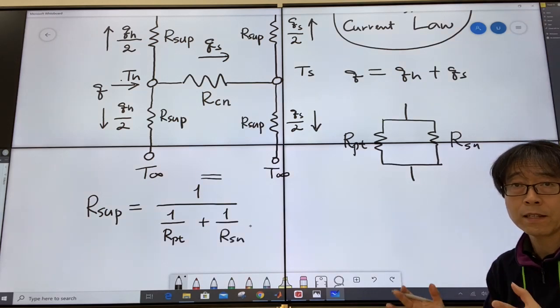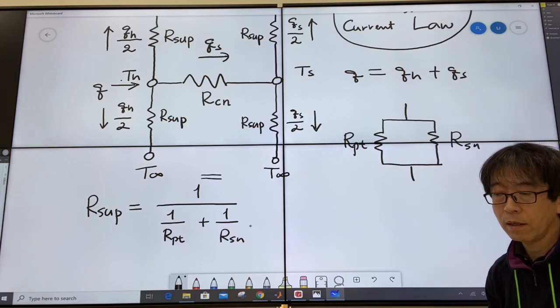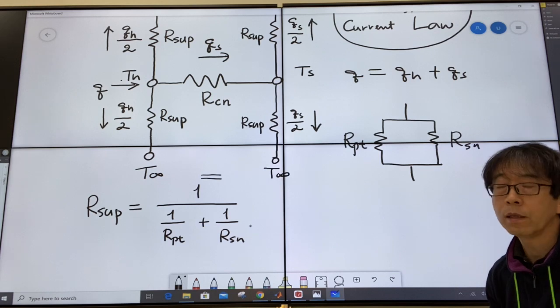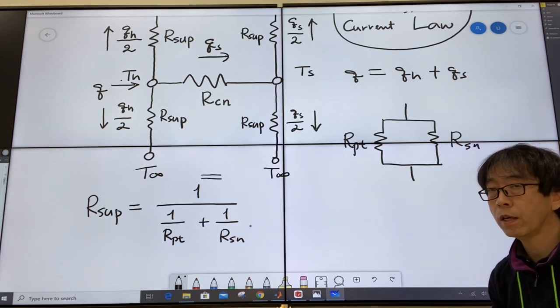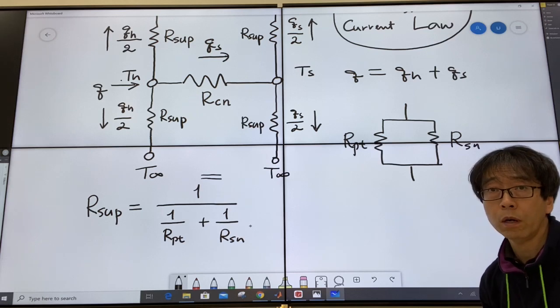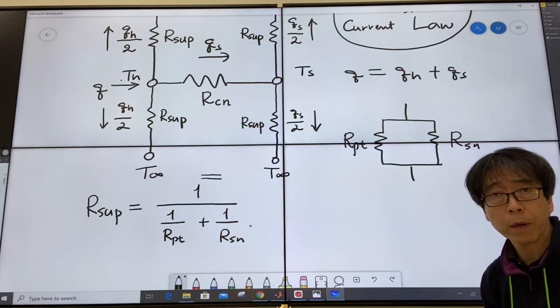It's exactly the same way that you use to analyze an electrical circuit. Why? Because an electrical circuit is the flow of electrons. Because a thermal circuit is the flow of phonons, same particles.